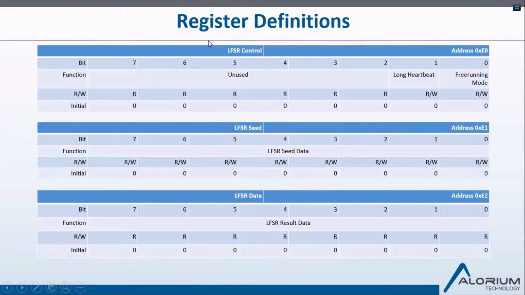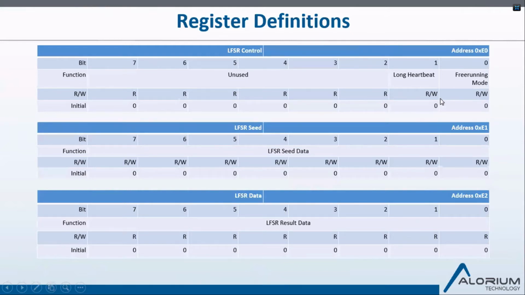There's the LFSR control register, and all that consists of is 2 bits that users can control the LFSR with. They can set the LFSR into free running mode so that the LFSR will update as fast as it can with every clock tick. If it's not in free running mode, the LFSR is going to advance every time the LFSR data register is read.